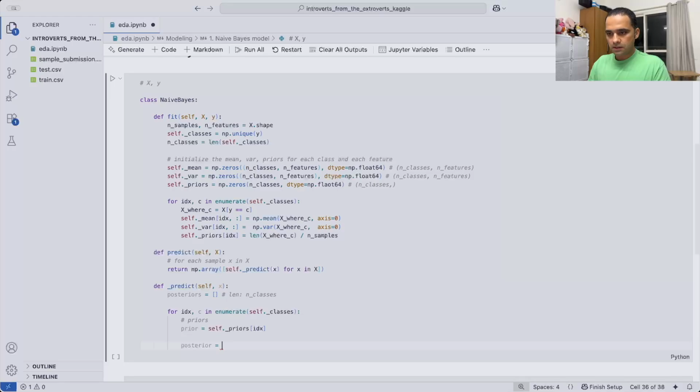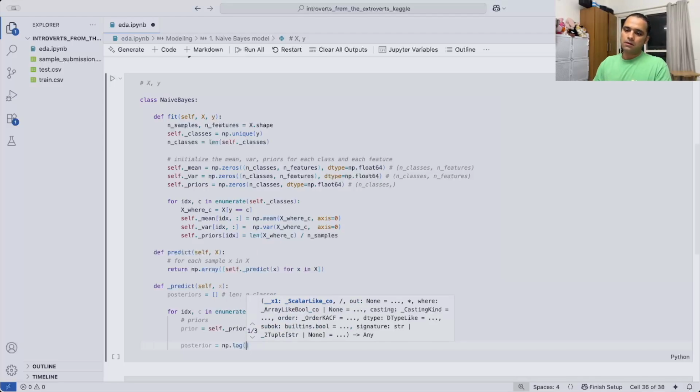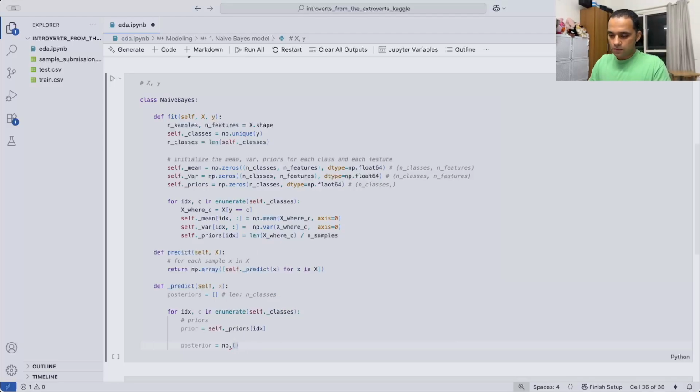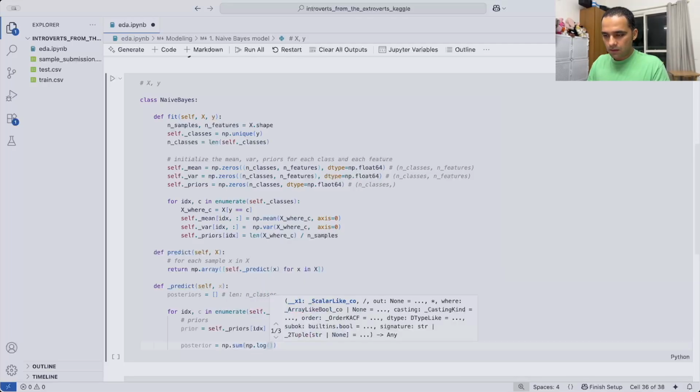Say posterior is np dot sum of np dot log of.